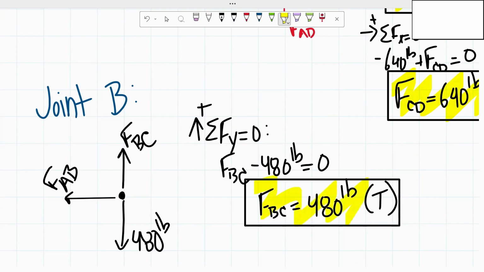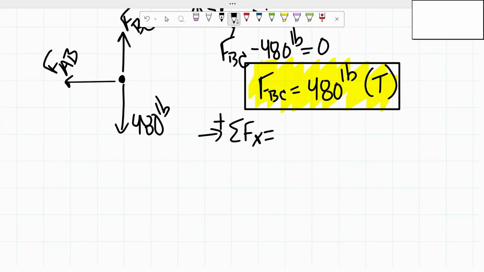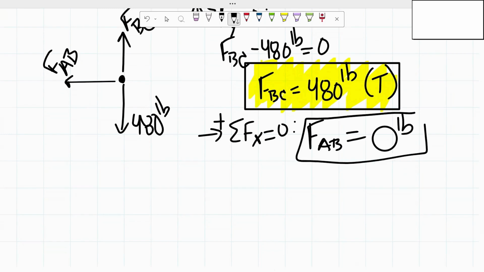From there, we're going to take the sum of the forces in the y direction. As you can see, the force of bar AB is the only force, which is why we would get a value of 0 pounds.